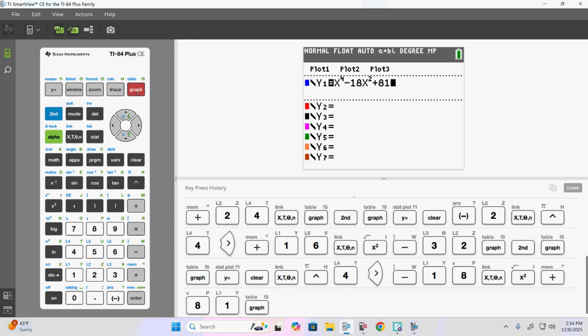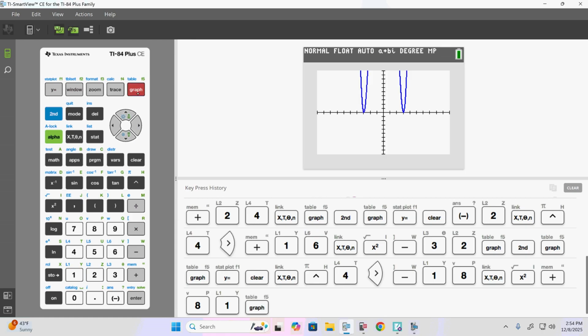Once we get it typed in, we're going to hit graph. And for a good bit of this, especially for this next test, it's going to be very helpful to be able to type these into the graphing calculator to graph them, because this is how we're going to find a lot of our solutions.